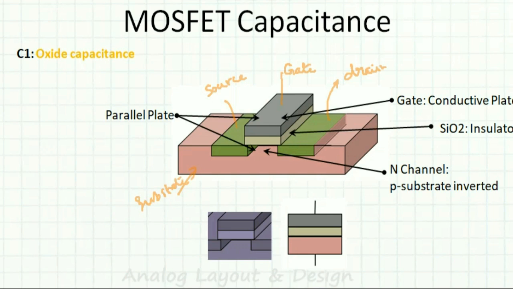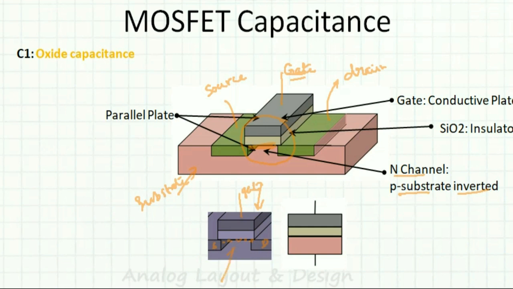Whenever I apply some voltage at the gate, there will be an inversion layer in the channel, shown as the N channel. That is the P substrate which is inverted and becomes N type material. If I zoom in on only this portion, this is how it looks: the gate, the drain, the source, and the channel.